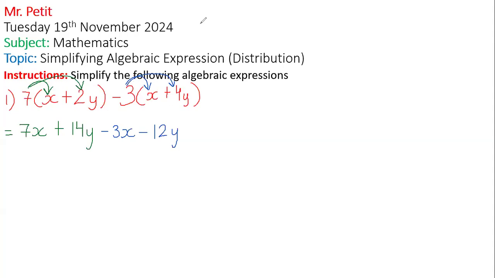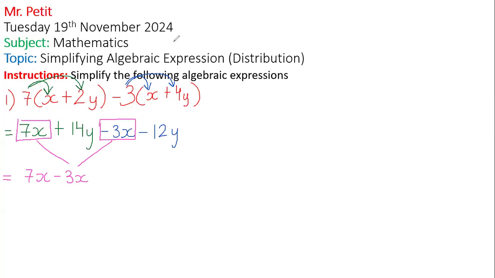So we're gonna say 7x combined with what? -3x. So we bring them together. You group up the signs. How do we get 12? 3 times 4. Okay. So it's gonna be 7x minus 3x, right?